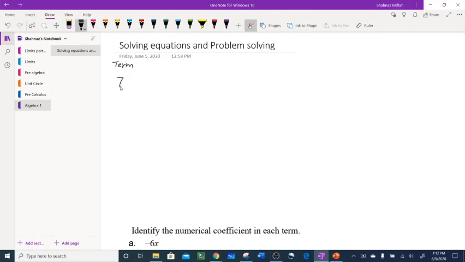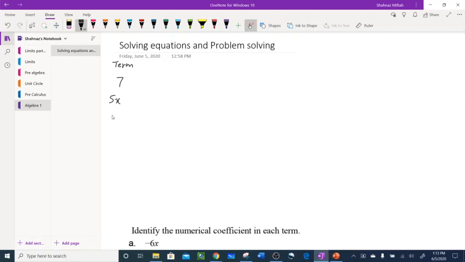The product of a number and a variable. So a product of a number and a variable means like I have a number 5 and I have a variable x. They are multiplying, so that's a product. A product of a variable and a number is also called a term.